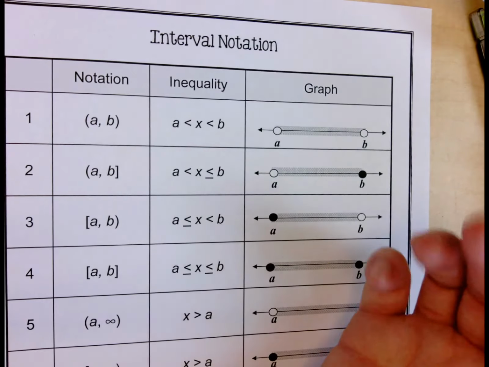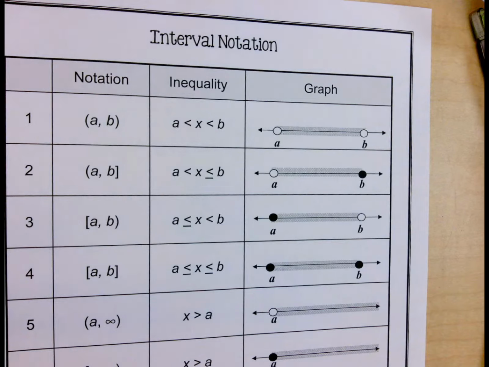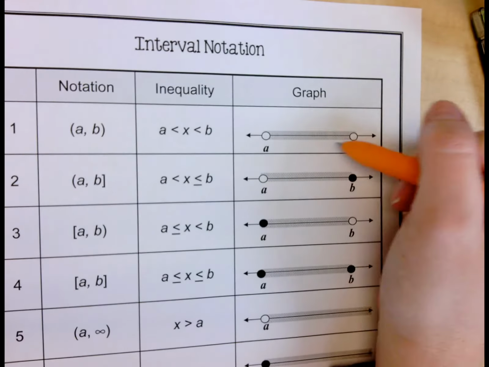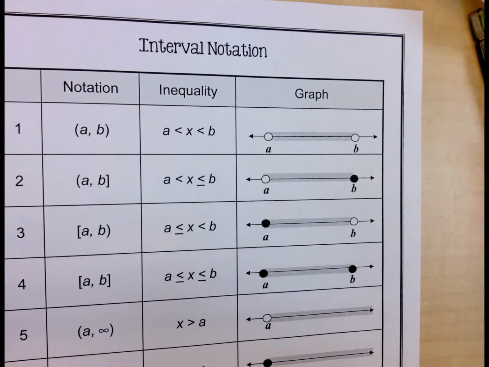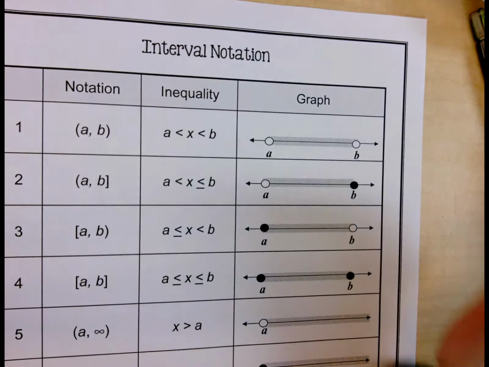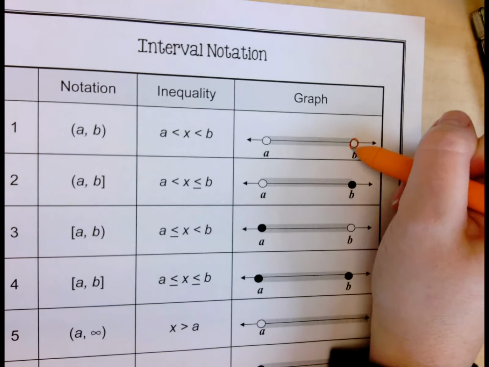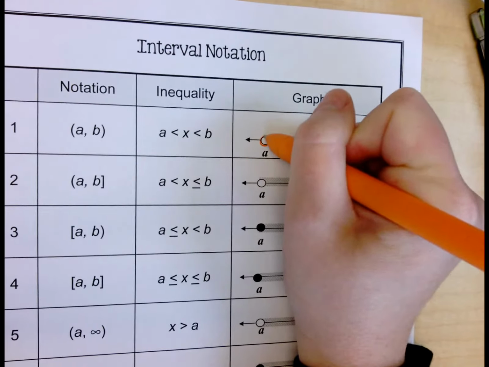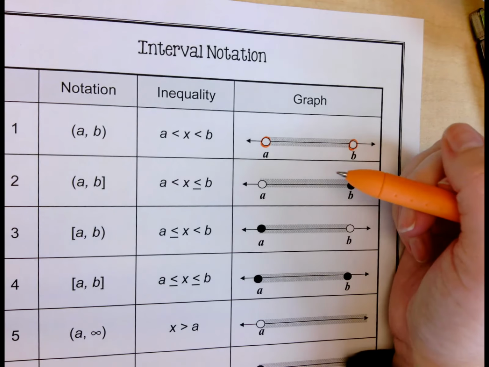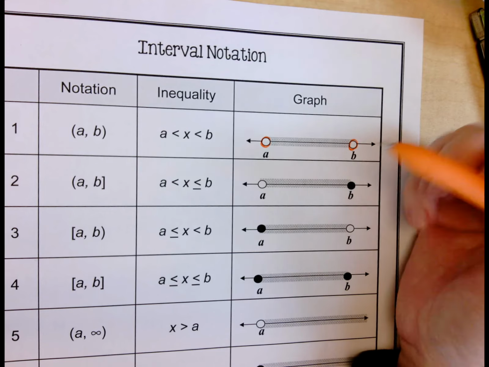What we look at here is we have a graph, all right? And if we were to graph an inequality, and you guys should have done this in the past, but just in case you can't remember, you have an open circle here, okay? And that open circle means that this number, whatever it is, is not included in the solution to whatever we're talking about, okay?